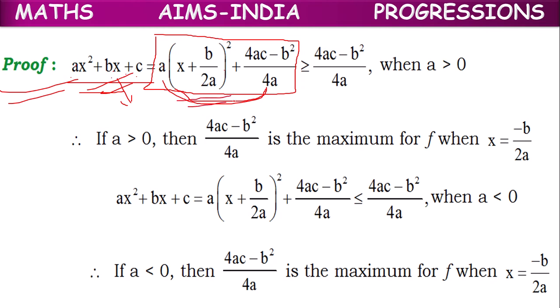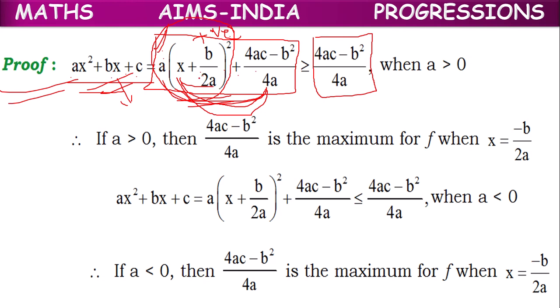So this value depends on the a value, because this value is having a square. It is always positive. If a is greater than 0, this total value is always a positive value, and if it is added to this 4ac minus b square by 4a, it will always be greater than 4ac minus b square by 4a.